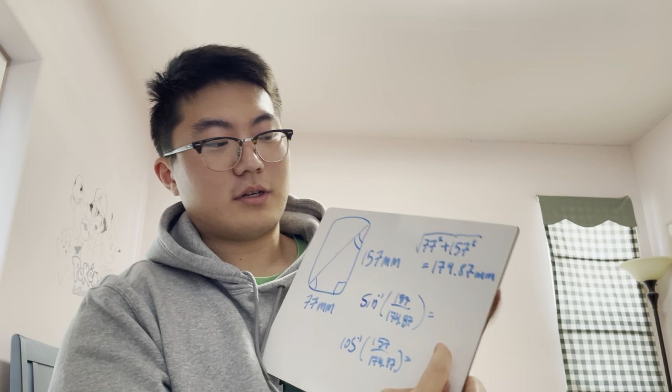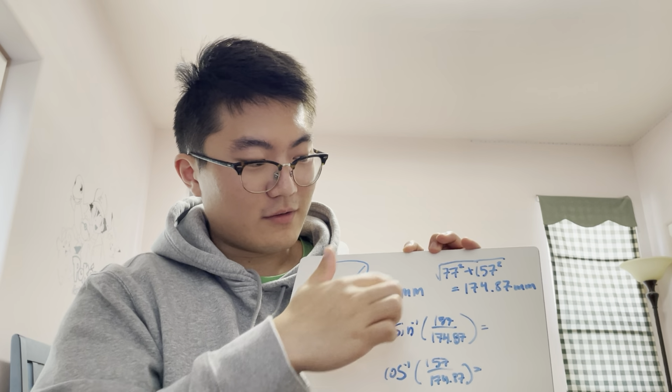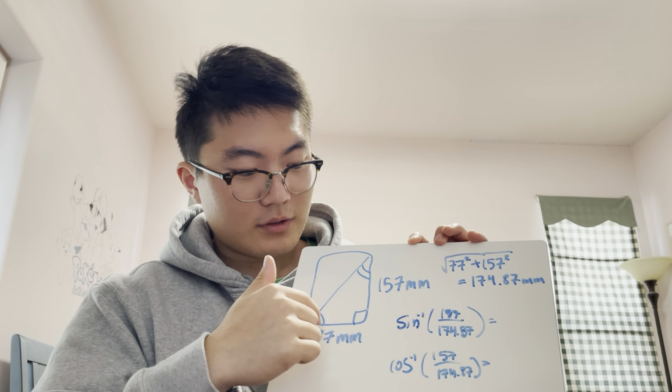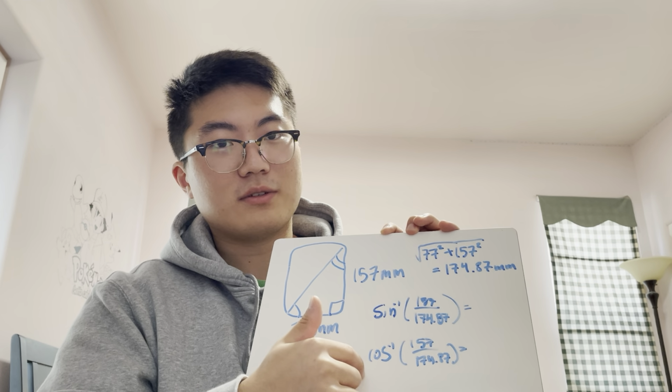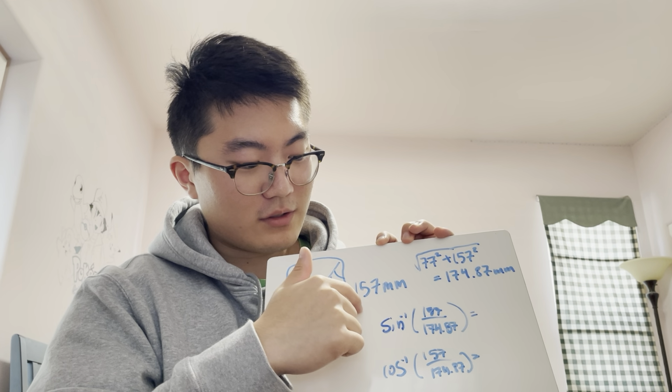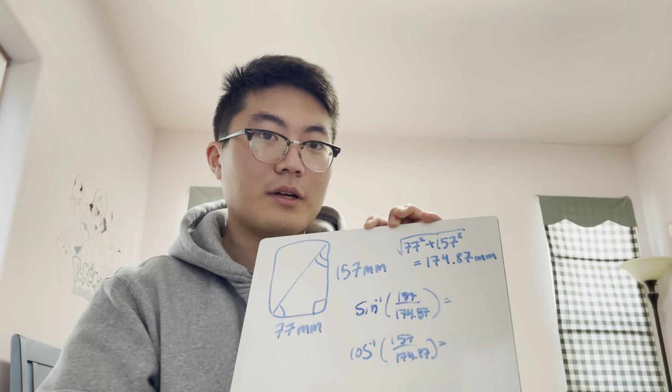I wrote down sine inverse of 157 over 174, so opposite over hypotenuse, and for this one I decided to use cosine instead, so adjacent over hypotenuse.